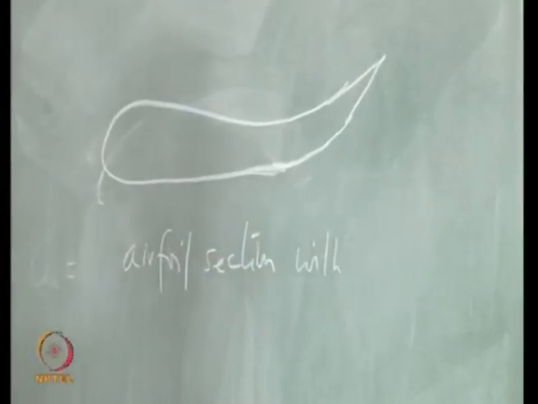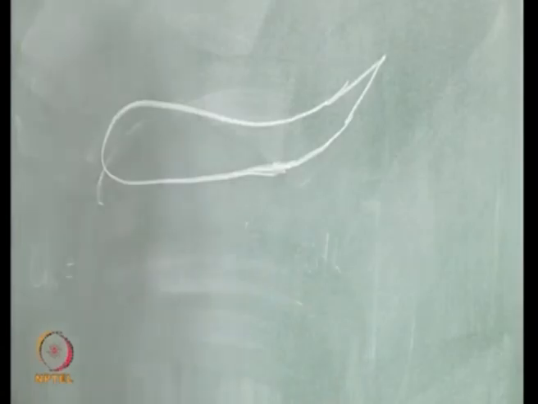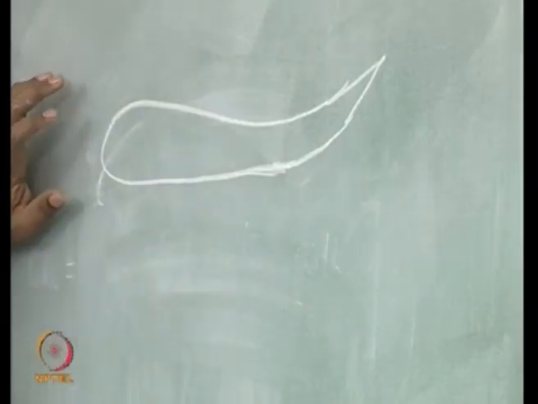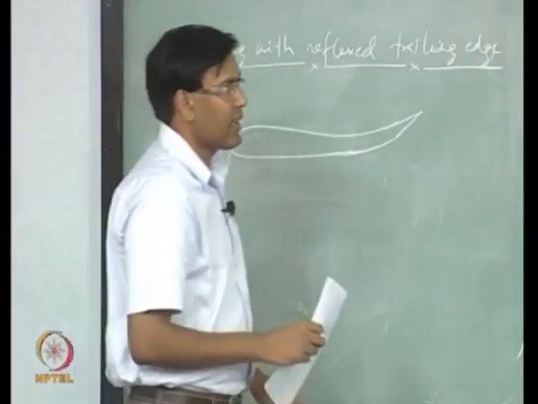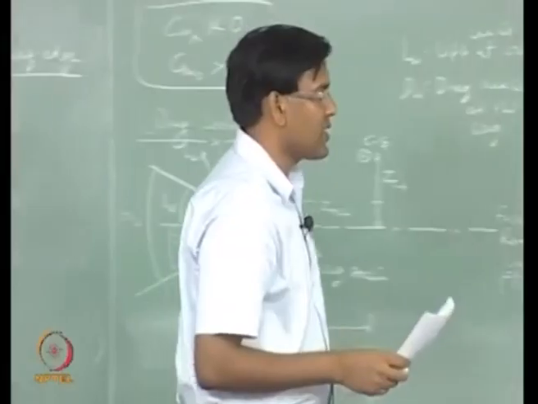So, this is the wing section with reflex trailing edge. This results in less drop in CL max, and it also gives us Cm naught which is positive.